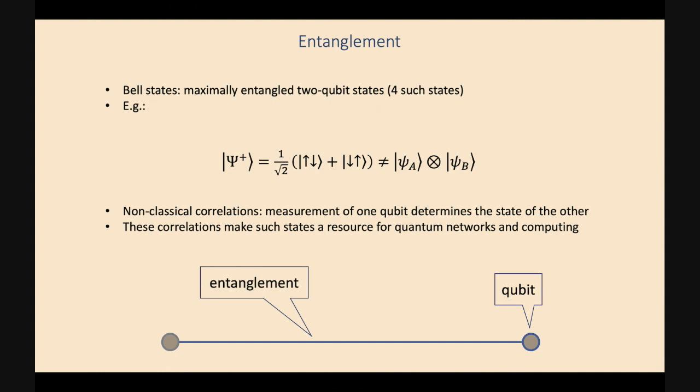So some important entangled states include the Bell states, which are 2-qubit states. One example is written here, and the important thing about these states is that they cannot be written as separate states on each of the quantum bits forming the overall state.